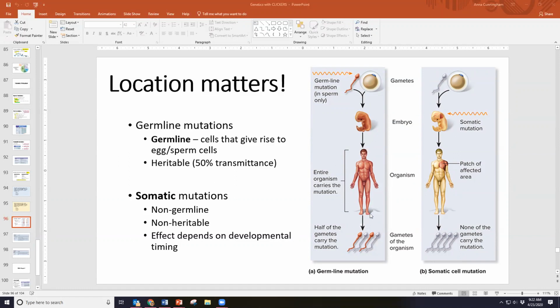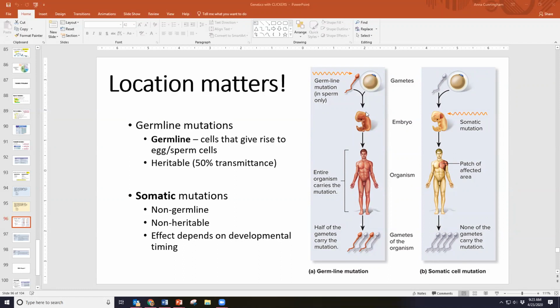So all of the adult organism will carry that. As well as that, the cells that contribute to their production of the gametes will also contribute to that mutation. But you'll notice that only half of those will carry the mutation because half of the chromosomes are coming from the mother, which didn't contribute the mutation. So in the case of a germline mutation, that mutation can be pretty drastic and would affect the overall phenotype of the organism because every cell in the body would carry that mutation.